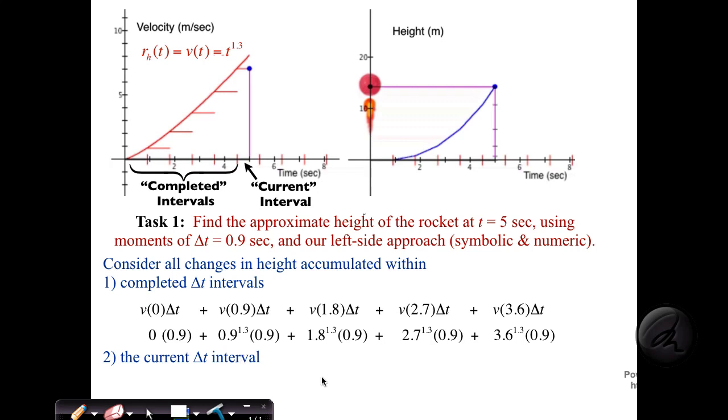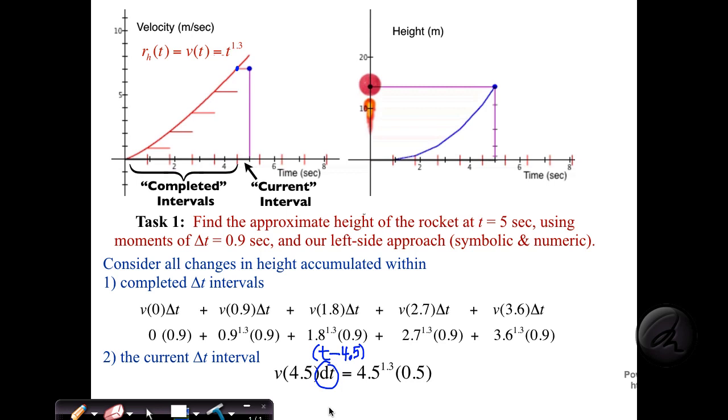All right, now in this current interval, slightly different, because we're not using this last rate for a full 0.9 units. We're only using it as far as we are into that interval, which is half a unit, as we decided, 0.5 seconds. So you could think of it as dt, or since t varies within the interval. Another way to think of this that maybe is more clear, what we were talking about earlier, this part here, I found this 0.5 by doing t minus the beginning of the interval, which was 4.5.